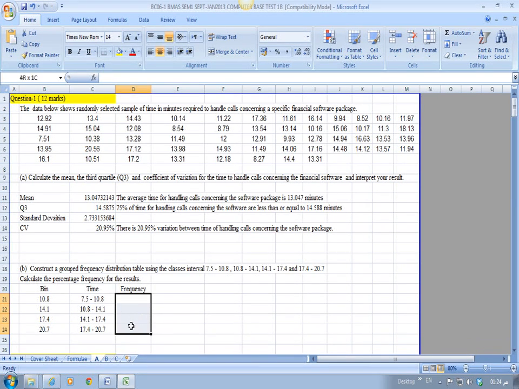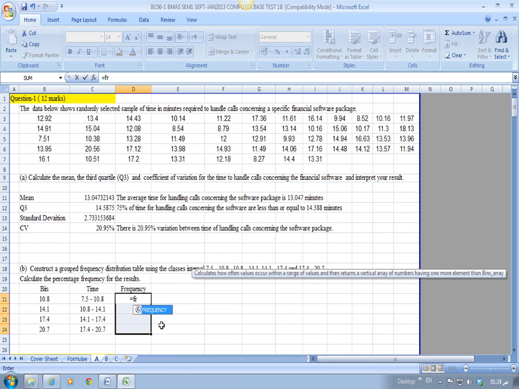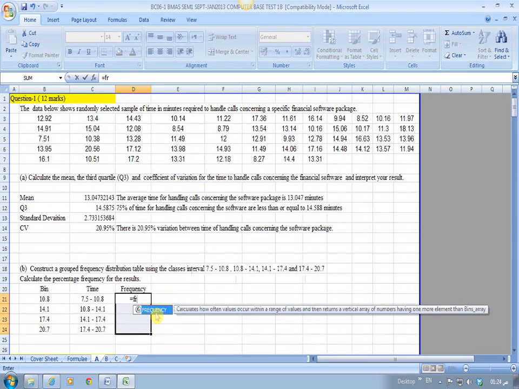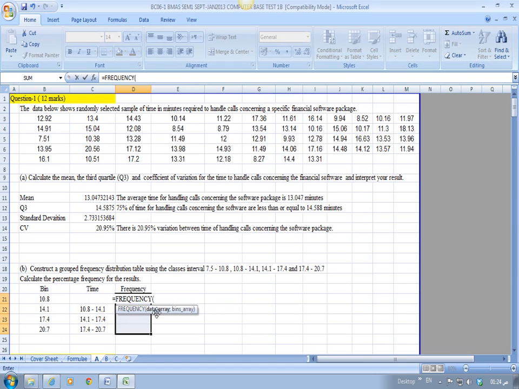Highlight all like this, and then type equals FR, and you will see there is a frequency function. Double click it. In the frequency, the required array means your data, then a semicolon or comma, according to your computer, then the bin.